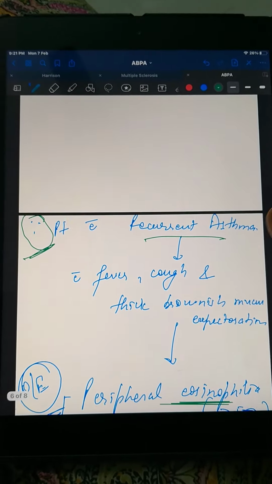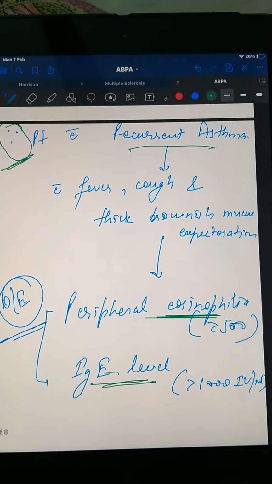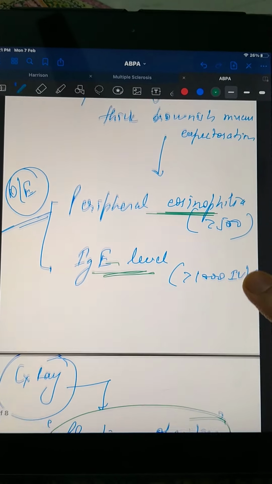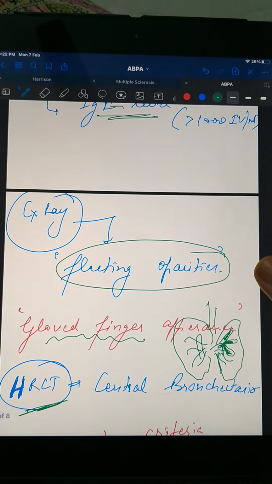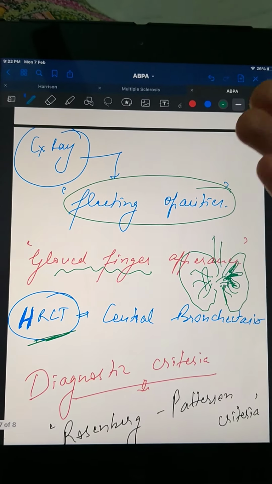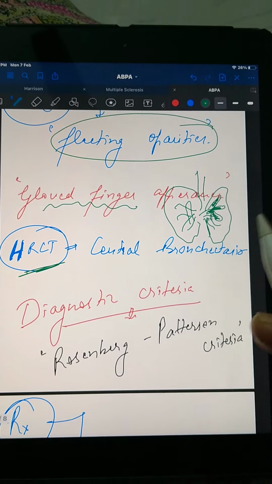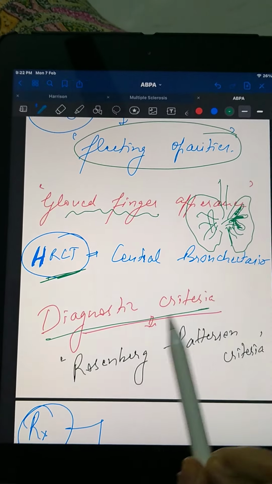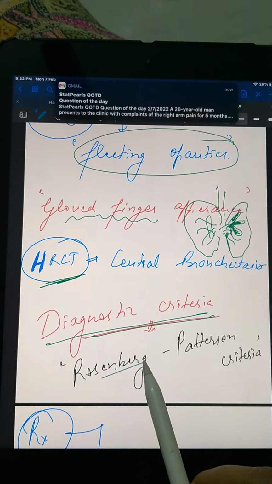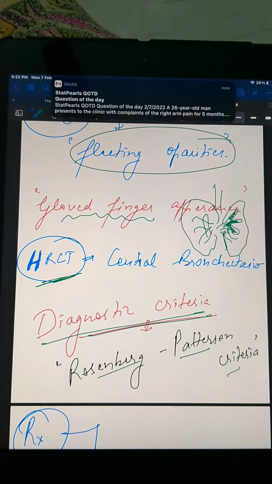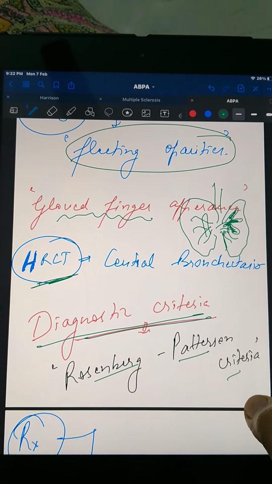The inflammation is in the form of type 1 and type 3 hypersensitivity reaction. Peripheral eosinophilia will occur, IgE will be raised, serum precipitin against the antigen of Aspergillus fumigatus will be present, the chest X-ray will show fleeting opacity, and HRCT will show central bronchiectasis. All these features come under a diagnostic criteria, and this is named the Rosenberg-Patterson criteria.